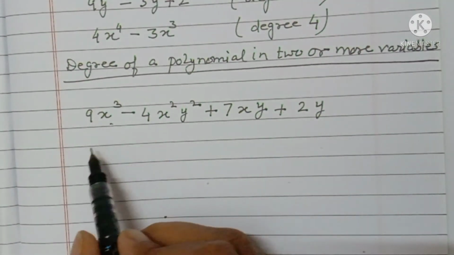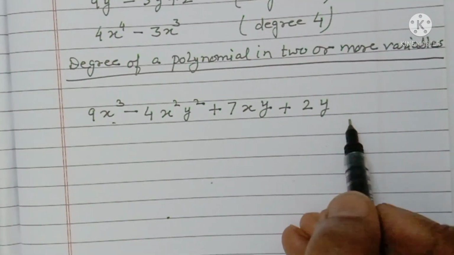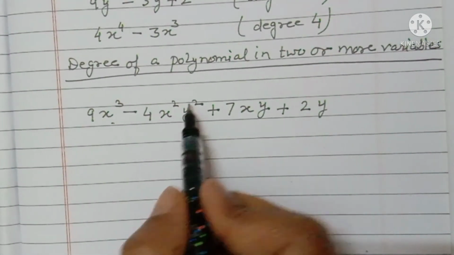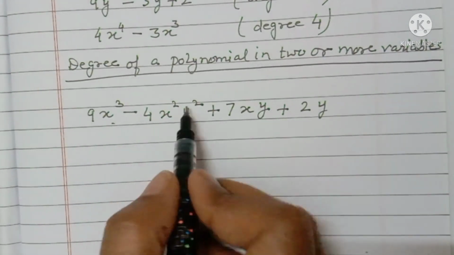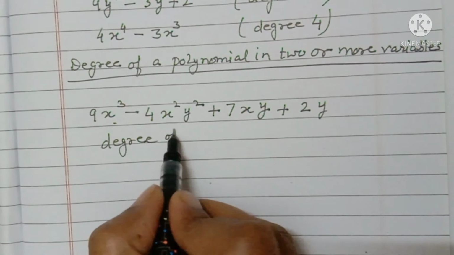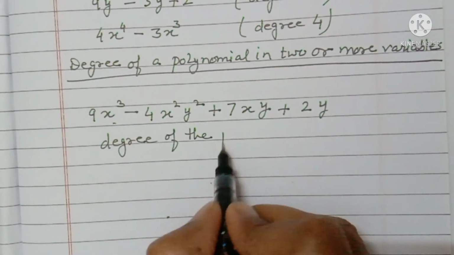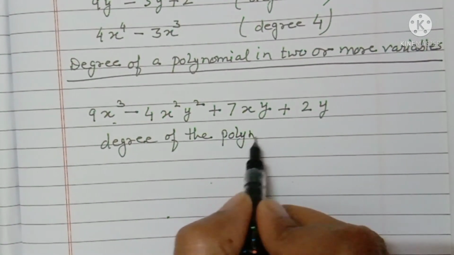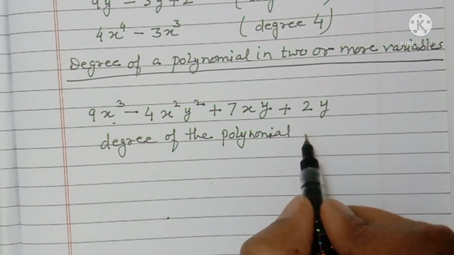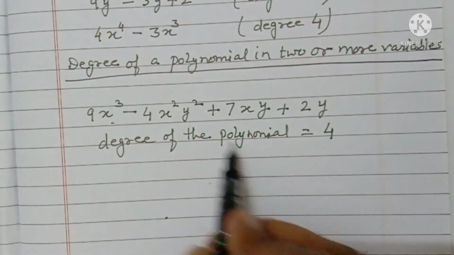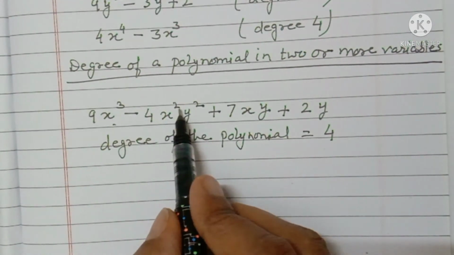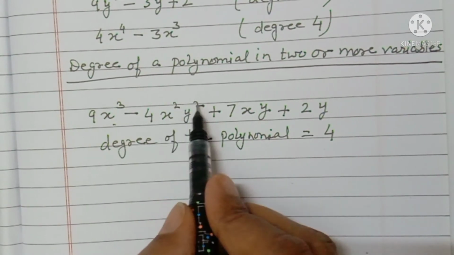So in this polynomial in x and y, the degree of the polynomial is equal to 4, because the highest sum of the powers is 4.